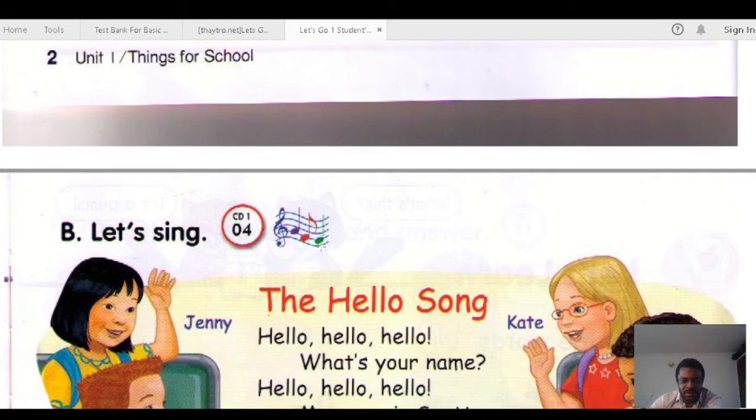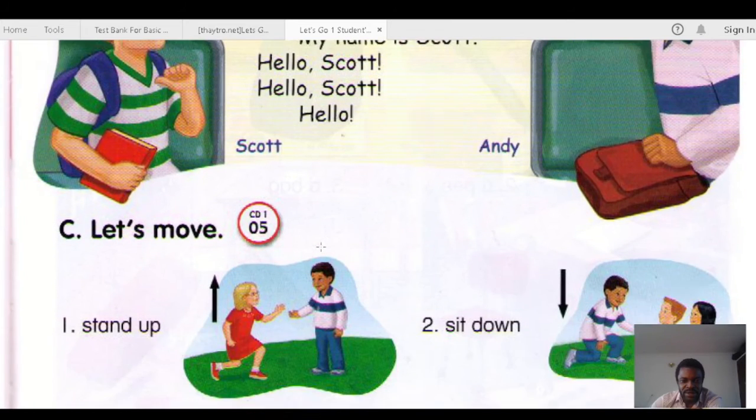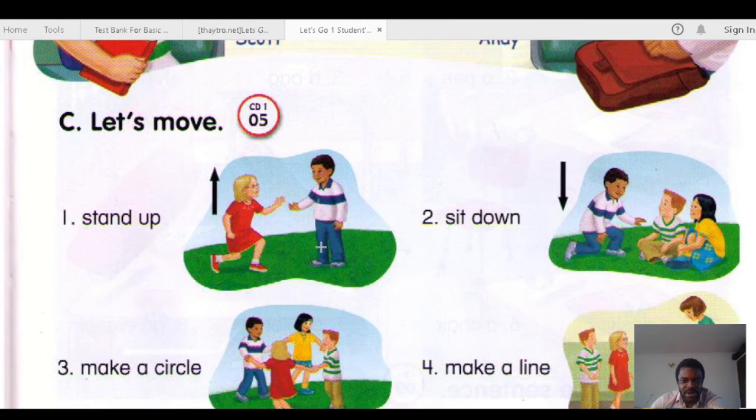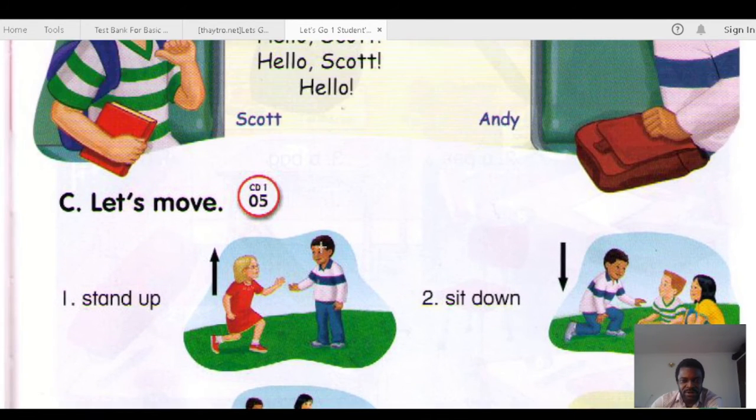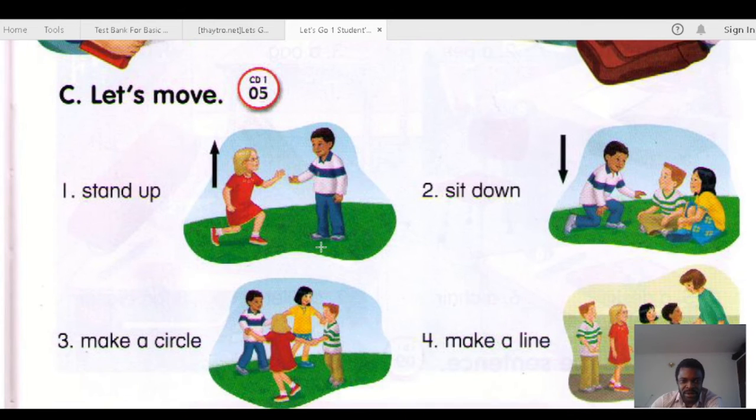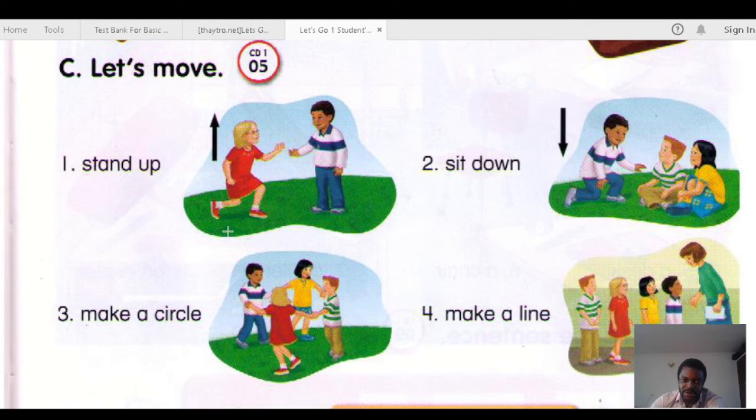So that is why I'm back here again, trying to refresh your memory about everything we've done in the past. Like I've told you before, each time you see let's move, then what should readily come to mind is verb, the doing things, the things that we do.